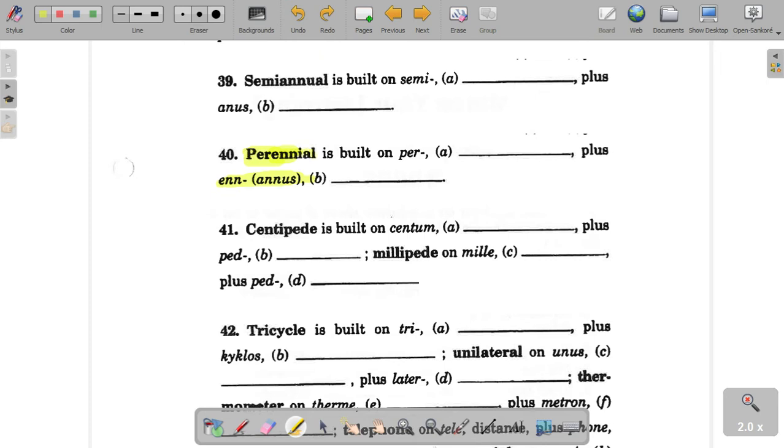Per means, remember I gave the example of if a relative passes away and they pay you... Yeah, there you go. So it would mean through, not 3. Through. So through the years is what perennial means. There are plants that bloom perennially, which means they bloom throughout the years.